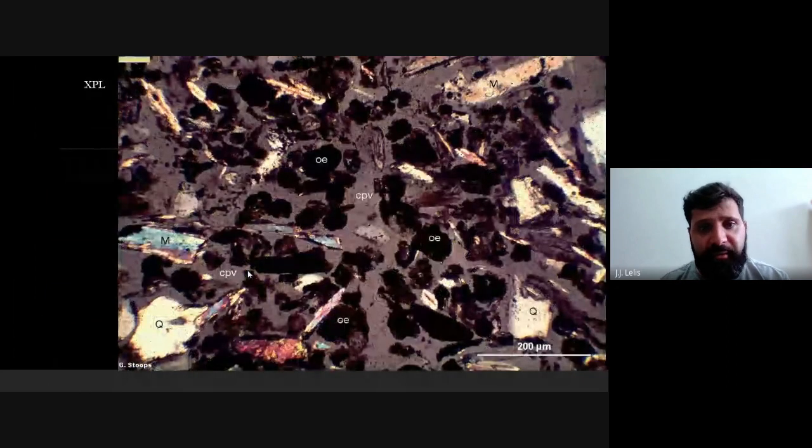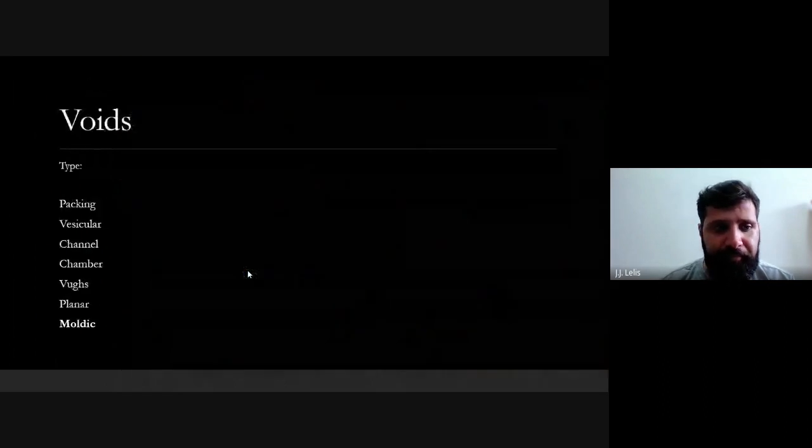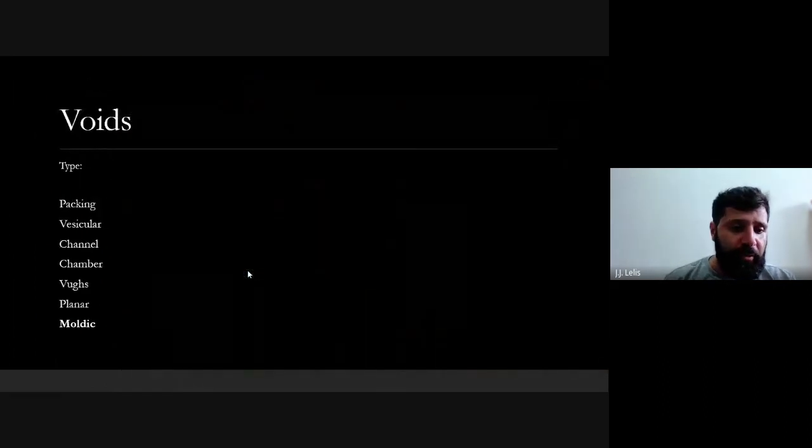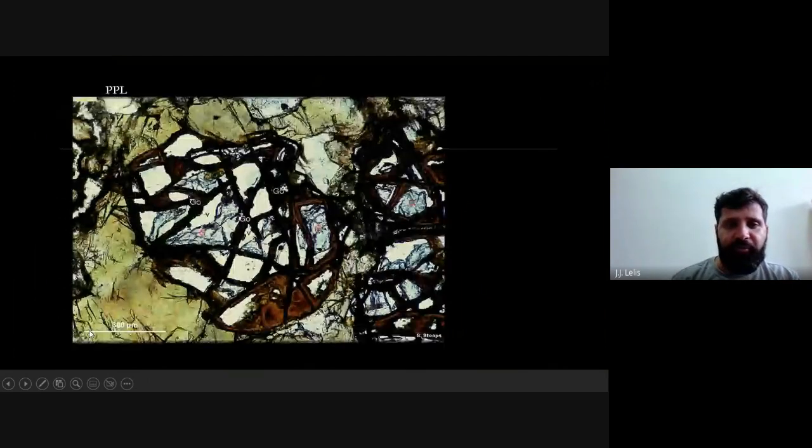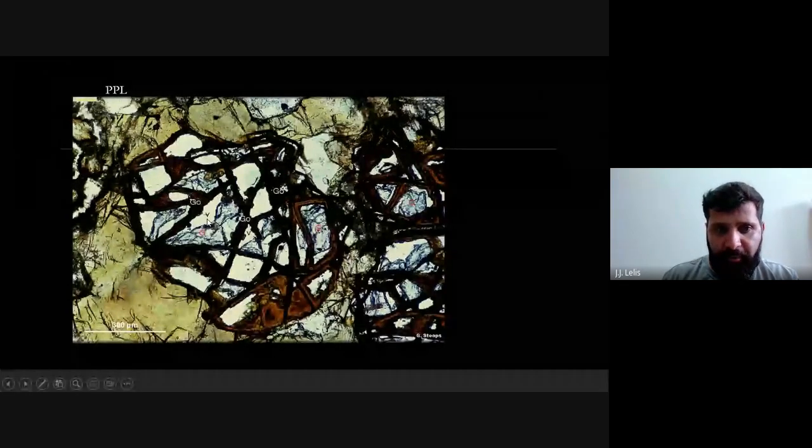You can see the same here. And we can also see some moldic voids. The moldic voids are formed by the weathering of primary minerals.